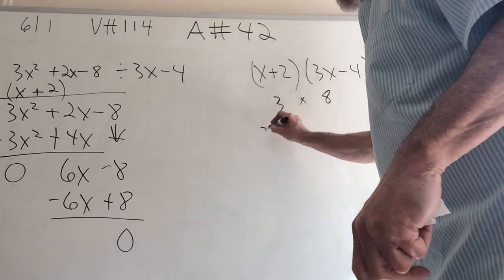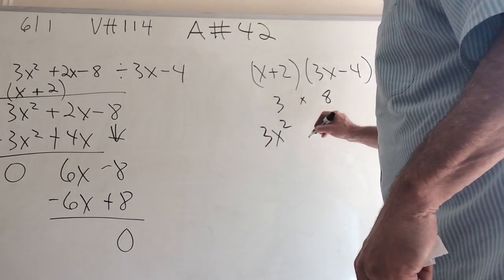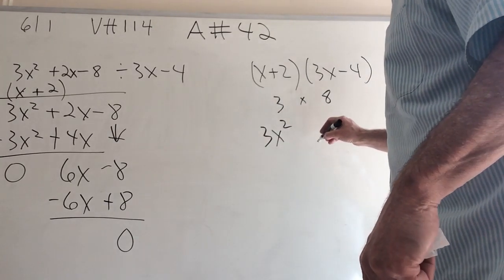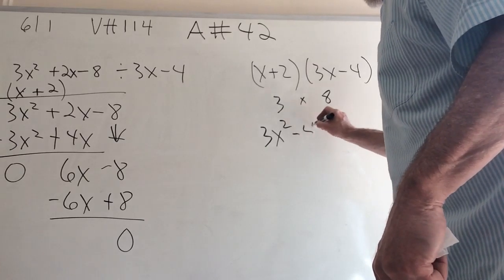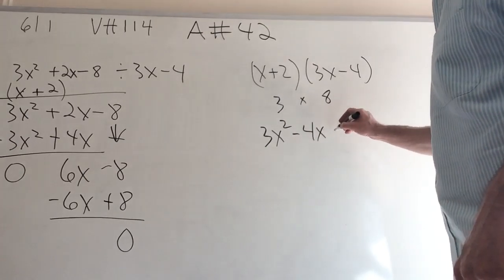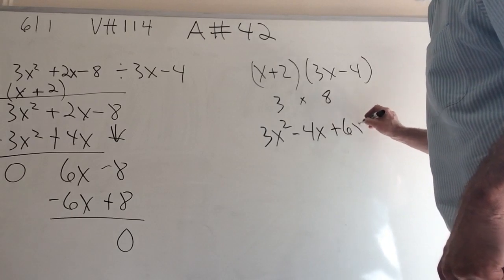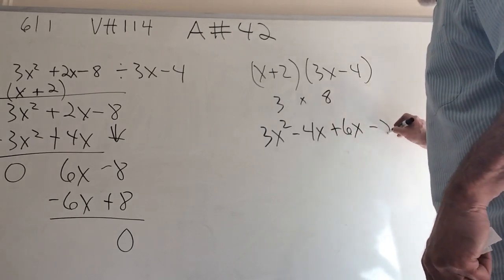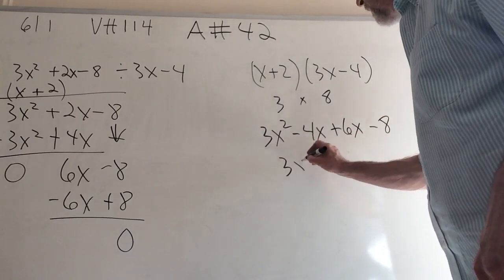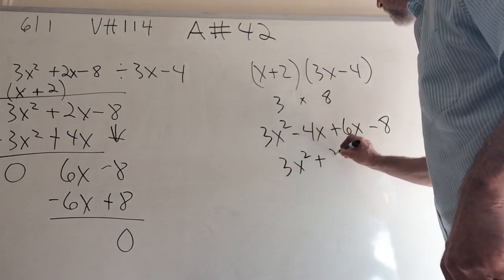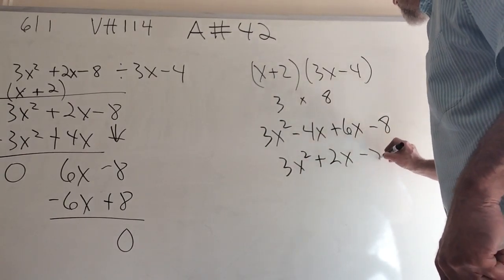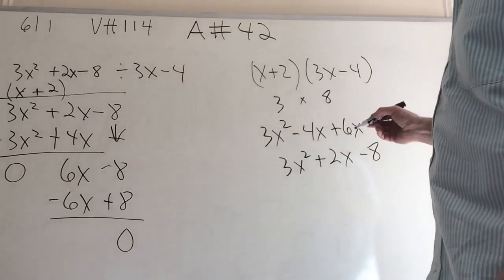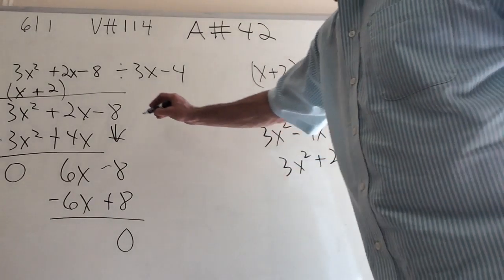So F is 3x squared. They expect you to know that. There's the last, so there's the minus 4x. You're expected to learn what people teach you. And there's the inner, and there's the outer. When I put these together like you were taught to do, I come up with the check, just like I came up with the other check over there. This is the same as that.